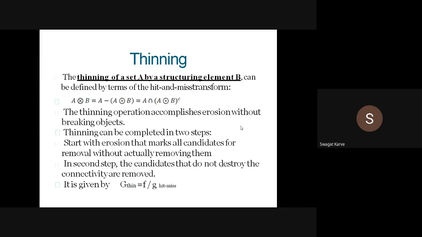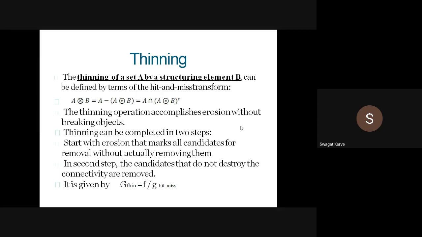If there is a destruction in connectivity, that means two objects are not connected with each other, then you are not supposed to remove that part. You have to keep that part as it is. But where there is throughout connectivity, those parts or shapes are removed in this thinning process. So always remember, thinning has two steps.